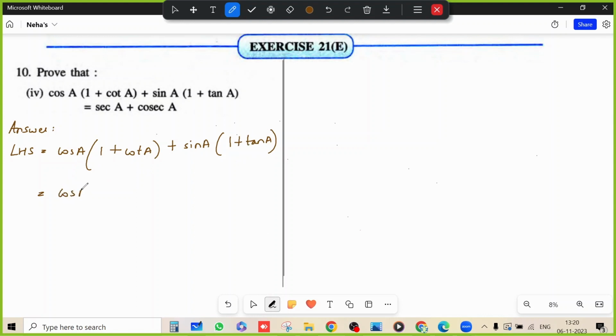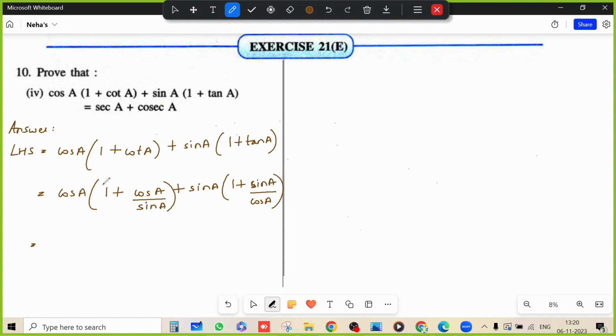So, this can be written as cos A into 1 plus cos A divided by sin A plus sin A into 1 plus sin A divided by cos A. Now, this is because cot A is equal to cos A divided by sin A, and tan A is equal to sin A by cos A.